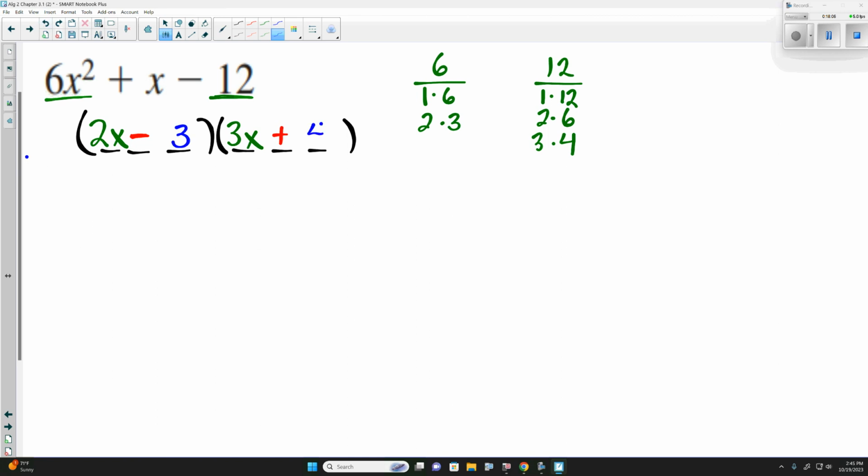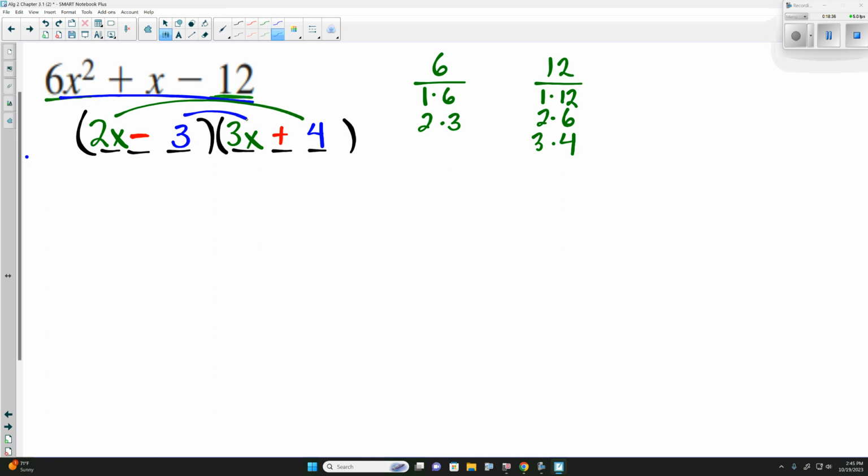Now if I switch it, 2x minus 3, is there a greatest common factor? 3x plus 4. No. Now, it's not a guarantee that it'll work, but it could. Since it doesn't have a greatest common factor in either one, and the original one didn't, or if it did, we pulled it out, there shouldn't be another one there, then there's a chance that this could work.